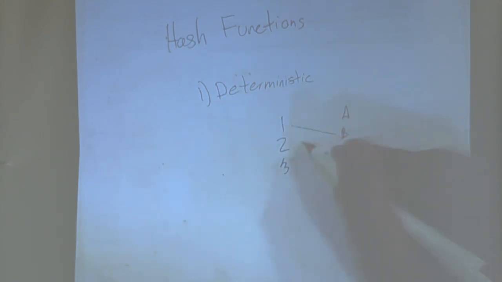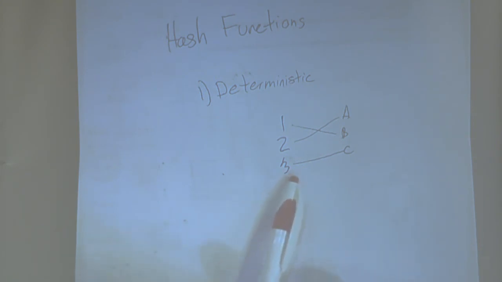So 1 goes to A, 2 goes to B, and 3 goes to C. They should not have the same output. Next, the hash function should use all the input data.